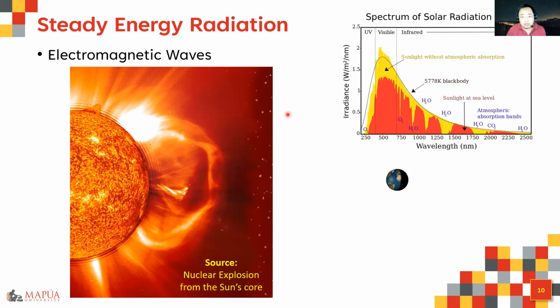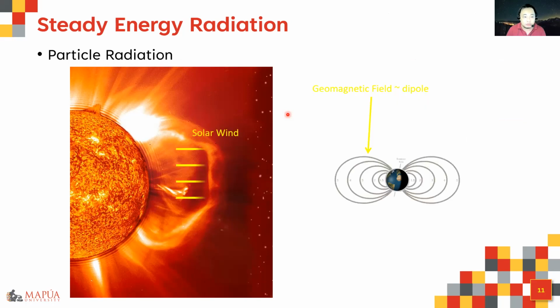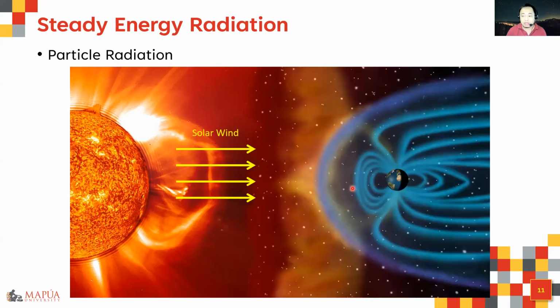So aside from electromagnetic waves, we can actually observe particle radiation because of the temperature gradient between the surface of the sun and the interplanetary space. Plasma or material is carried by the solar wind. This is the reason why the magnetic dipole of the Earth is compressed on the day side and elongated on the night side, thus forming the magnetosphere.